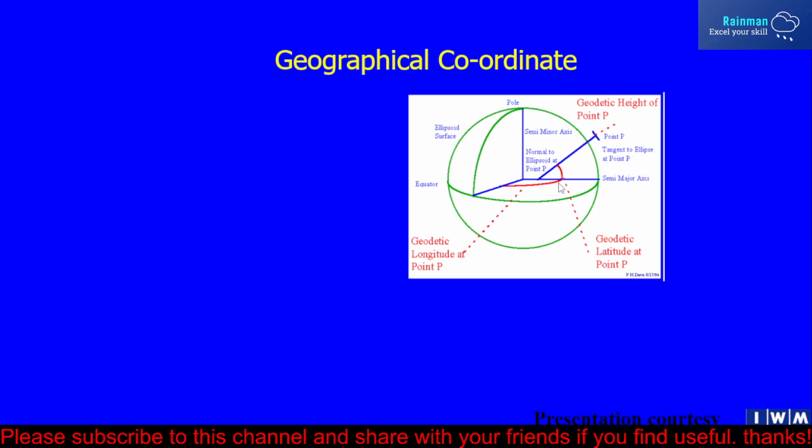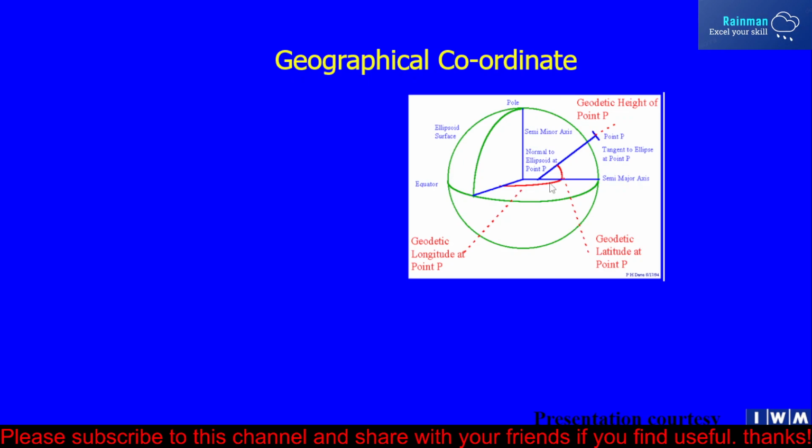Okay, in a spherical coordinate system, to find a coordinate we use latitude and longitude. It is very important to know what latitude and longitude are. It is nothing but degrees from the equator and from the prime meridian.